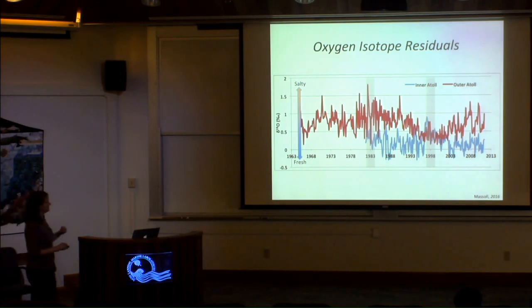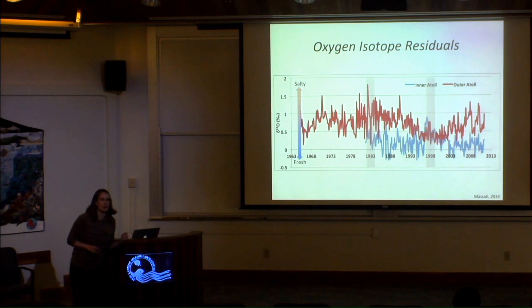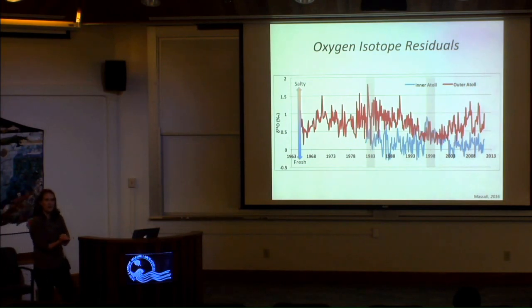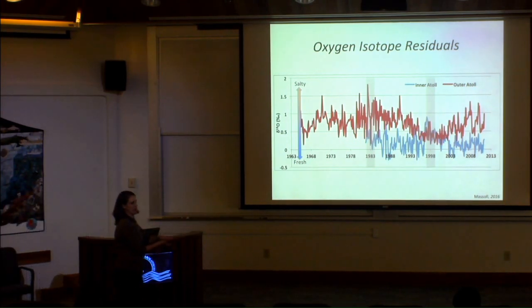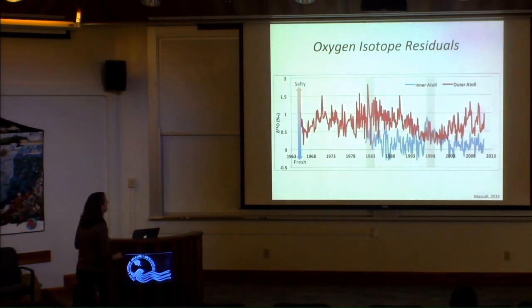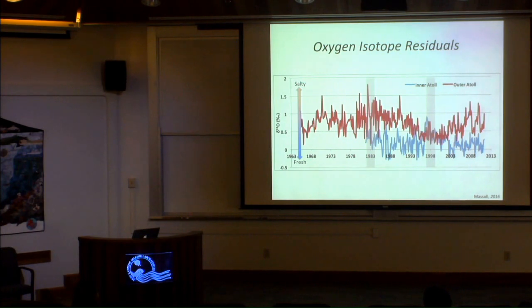The inner atoll really hasn't changed that much except for this 1998 El Nino, where they kind of converge. The inner atoll gets saltier, and the outer atoll gets fresher. And this comes back to what the currents are doing.